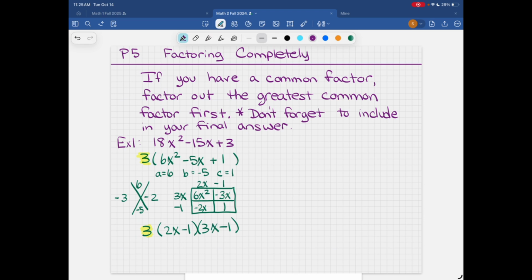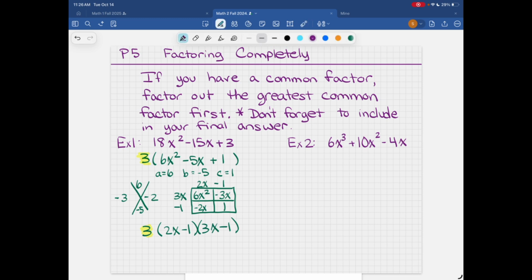Our second example, maybe you have more than just numbers in common. What if I have 6x cubed plus 10x squared minus 4x? In this situation, I have an x in each term, and 6, 10, and 4 have a common factor of 2.